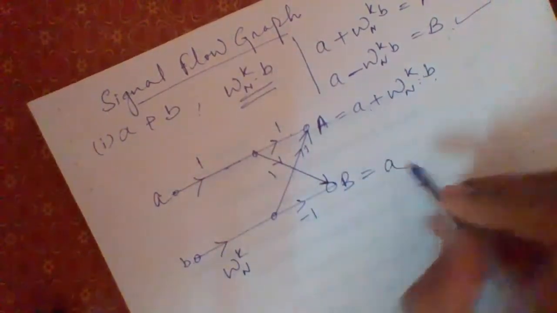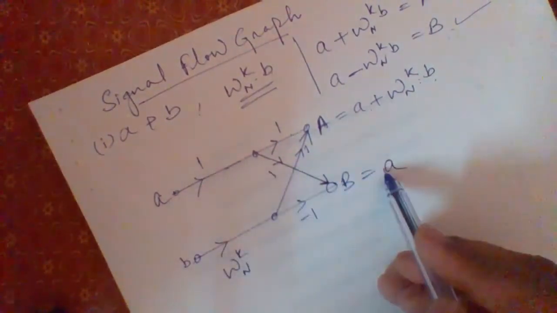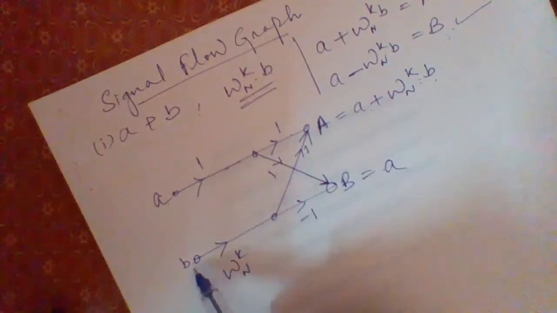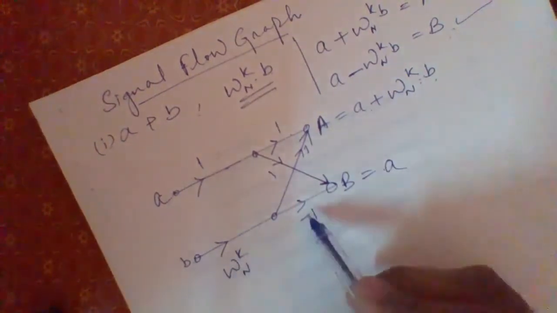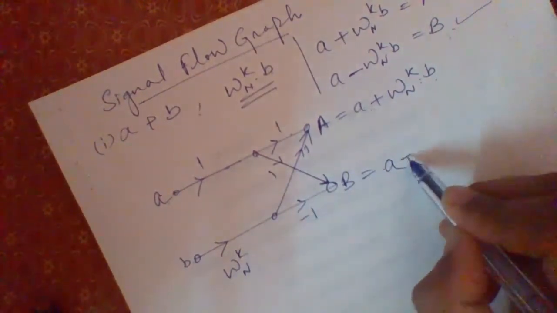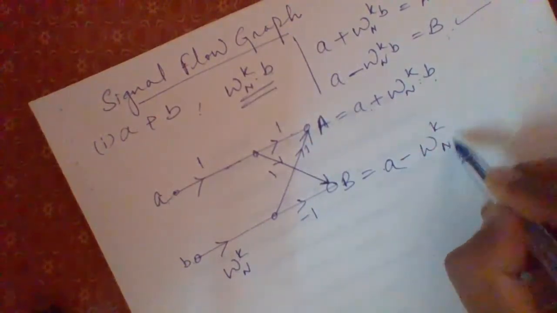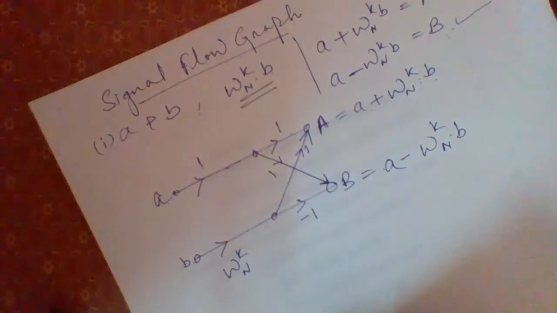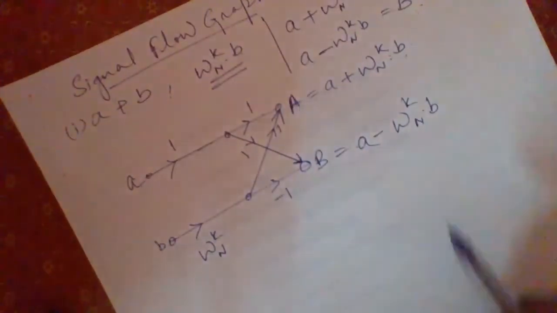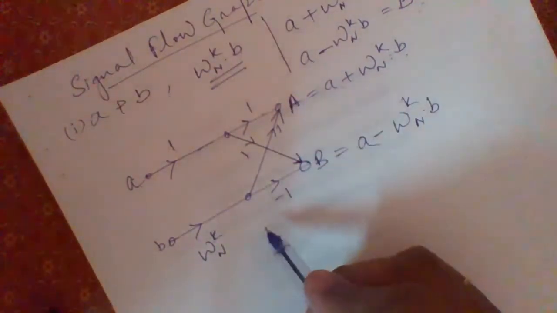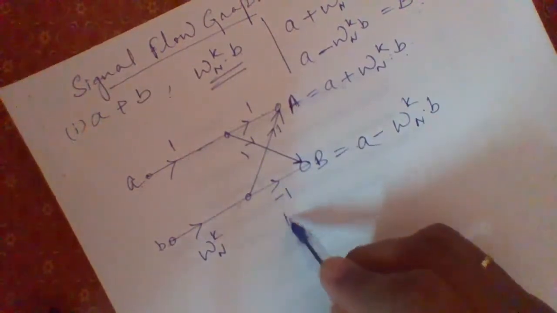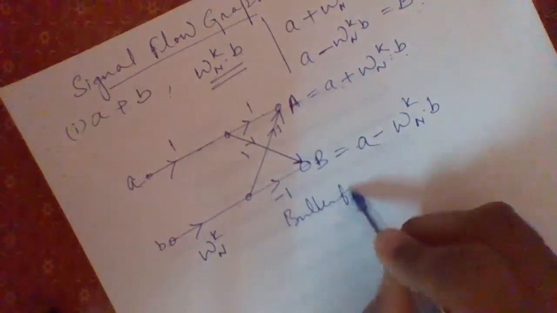B is equal to A into 1 into 1, it will be A only. But here B into W raised to K into minus 1, so this product will give minus W raised to K suffix N into B. So this is the basic signal flow diagram, and this is known as the butterfly diagram.